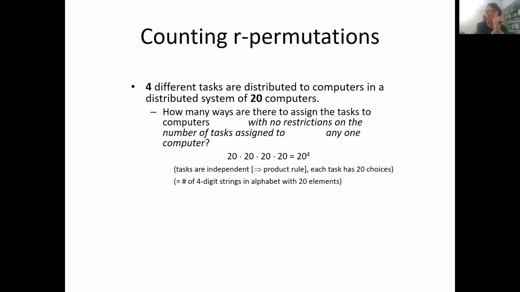If there are 20 characters in the alphabet, then a single character tells you which computer it is. And for the second task, it's independently chosen from the same alphabet. So the choice is like a choice of a string of length 4 in an alphabet with 20 characters, which is 20 to the 4th.